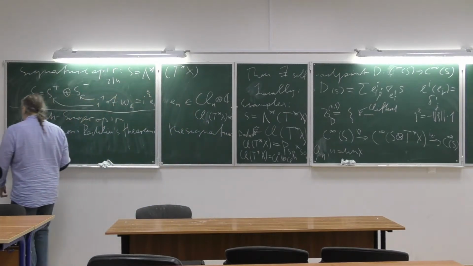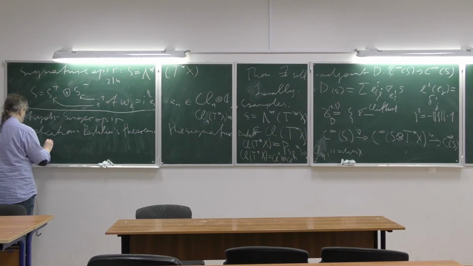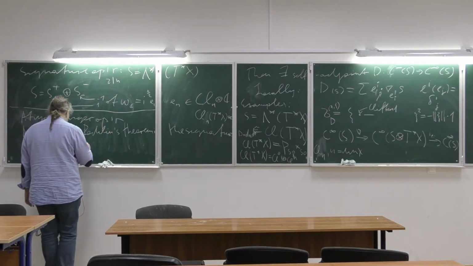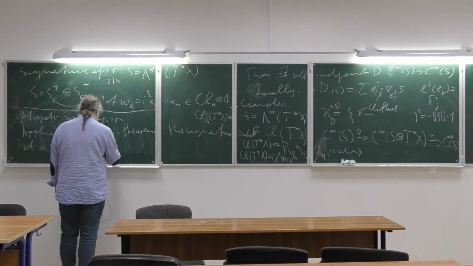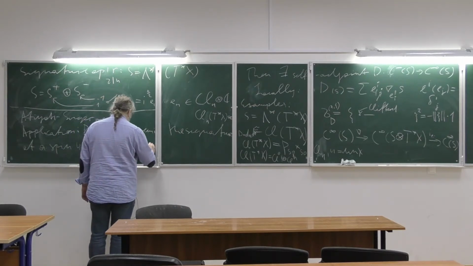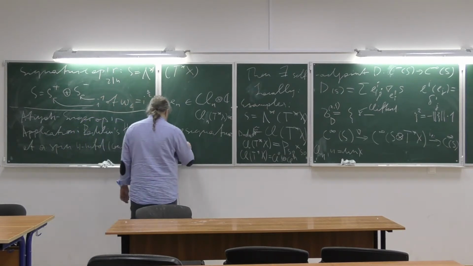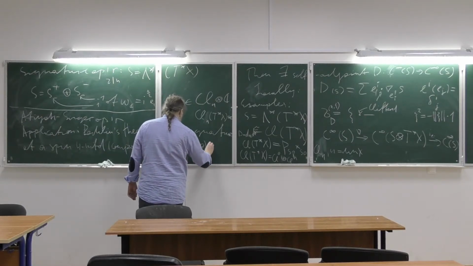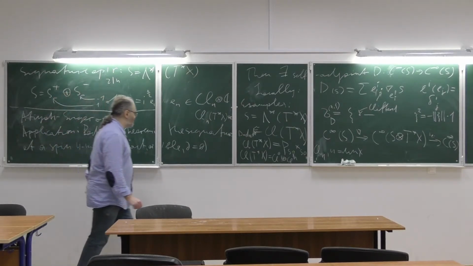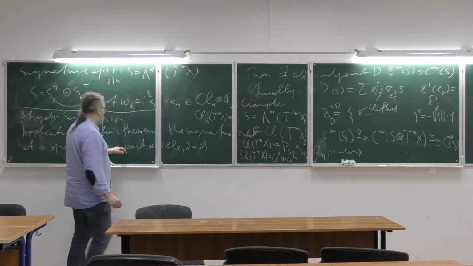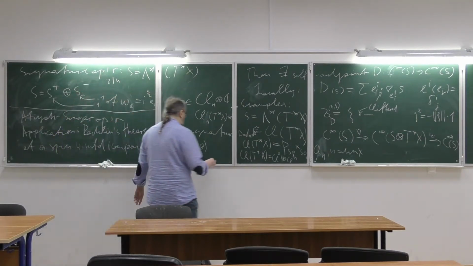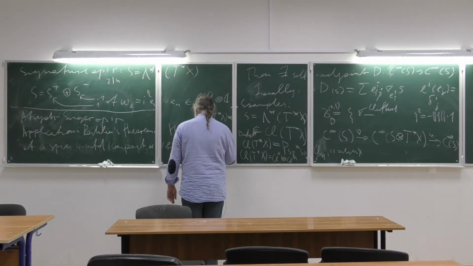The signature of a spin four-manifold is divisible by 16, where as often we assume that the manifold is compact, orientable, without boundary.